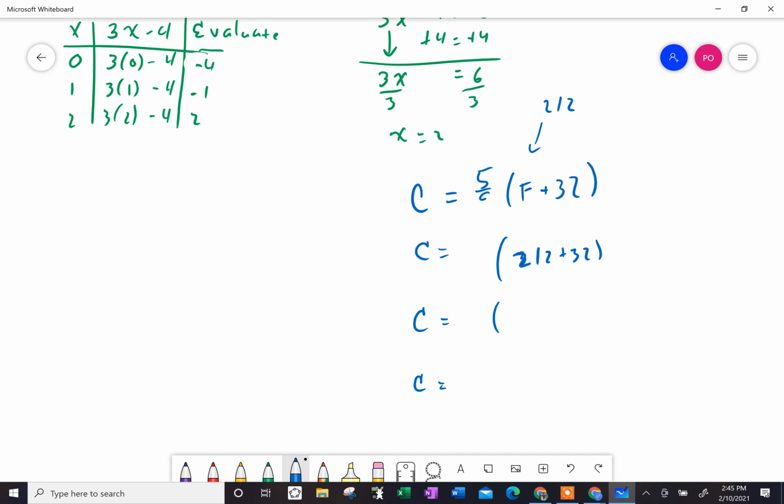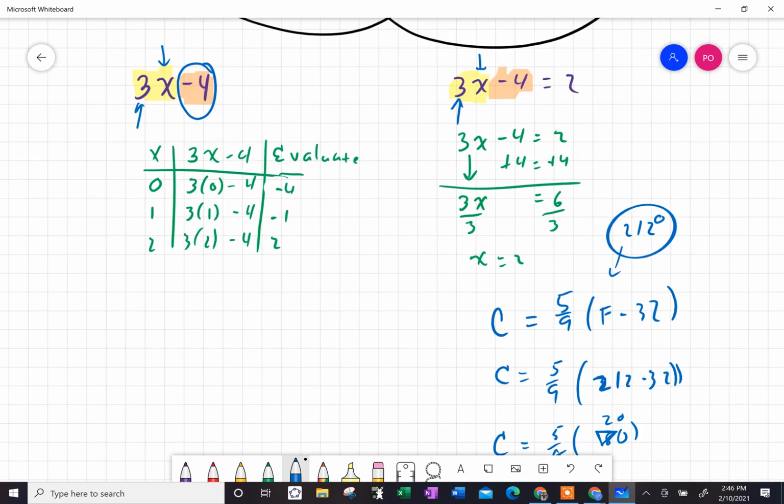Oh, goodness me, this video is tanking hard. Anyway, 5/9 times 212 minus 32, that's 180. 9 goes into 180 20 times, which makes this 5 times 20, 100 degrees Celsius. And you may or may not know this, but 212 degrees Fahrenheit is 100 degrees Celsius. That's when water boils.